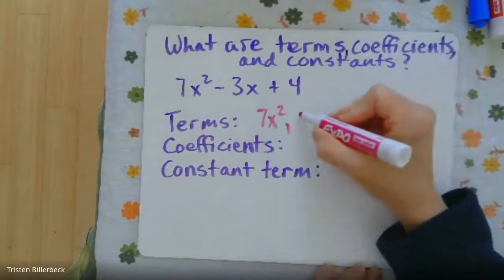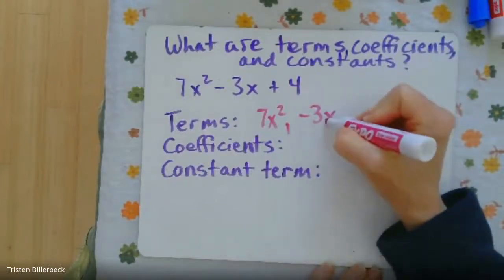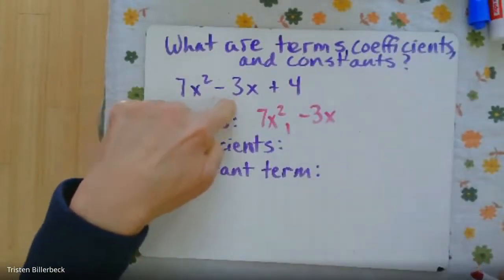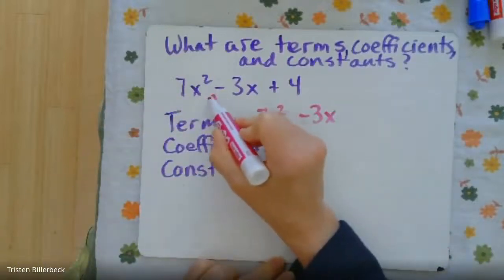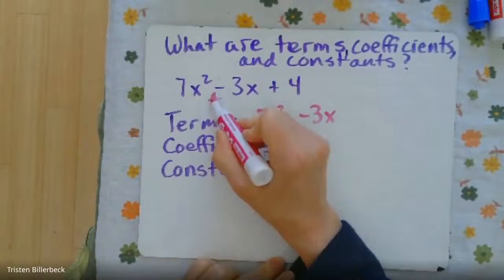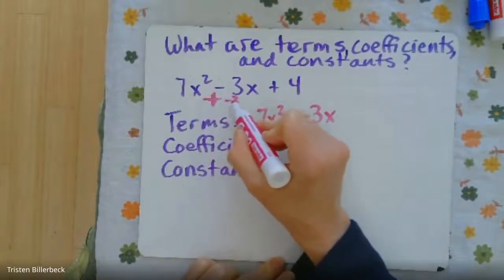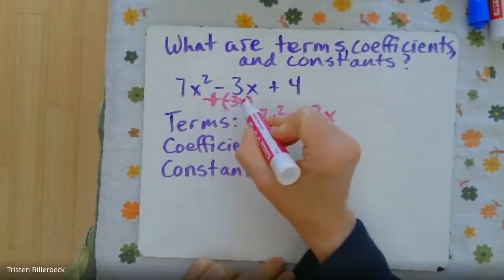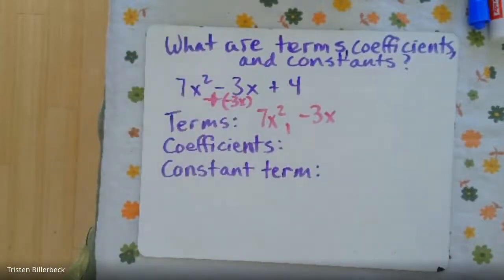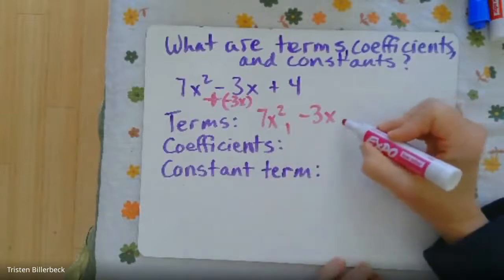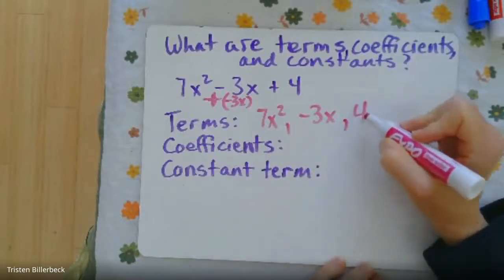Our next term is negative 3x. So we don't want to forget that that's a negative. So really it's plus minus 3x. We just don't write plus minus, so we write minus instead of plus minus. So that's a negative 3x. And then our last term is 4.